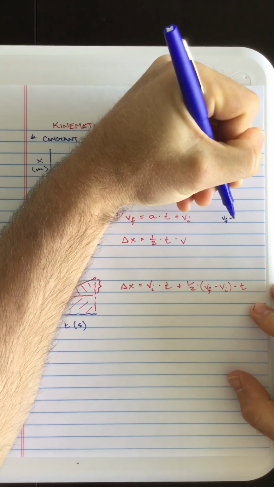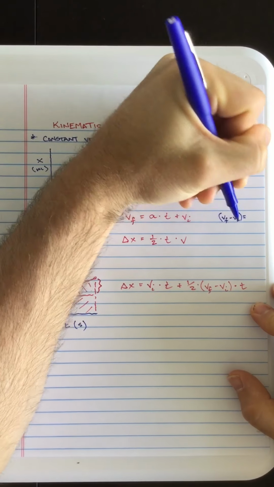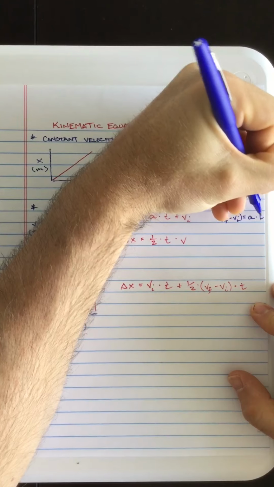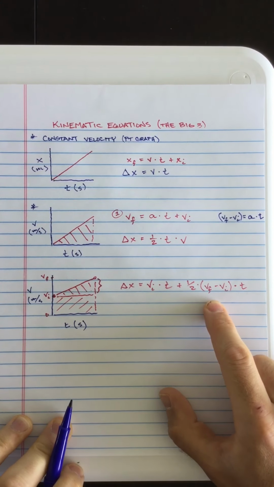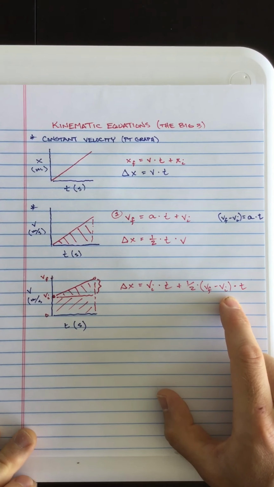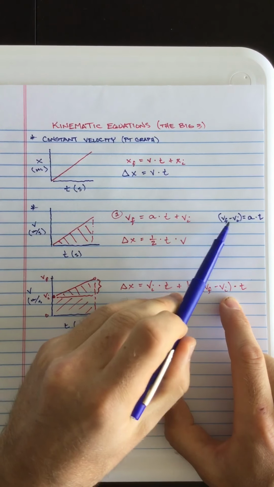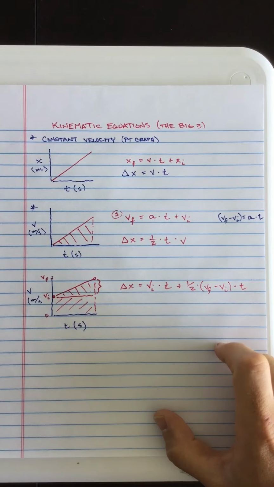So this expression, I'm even going to put it in parentheses, why not? Equals a times t. Well, if you look at the equation we just created, we have an expression of vf minus vi. So instead of leaving that as vf minus vi, I'm going to replace it with what it's equal to with this equation, a times t.